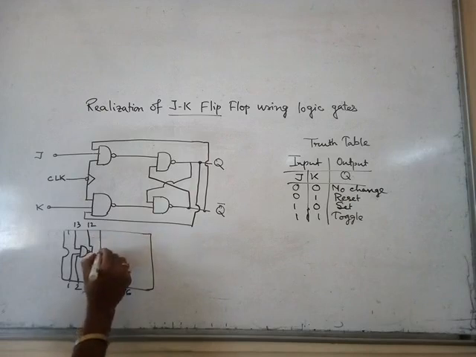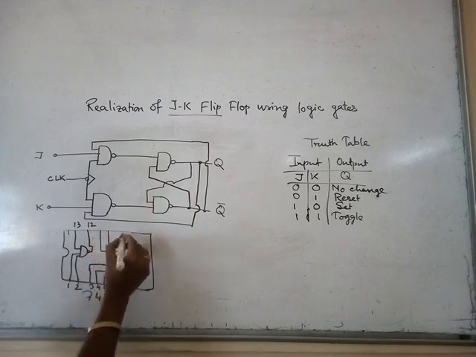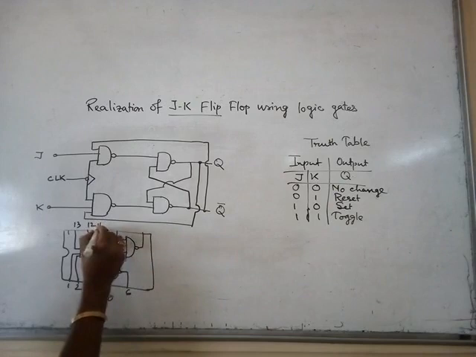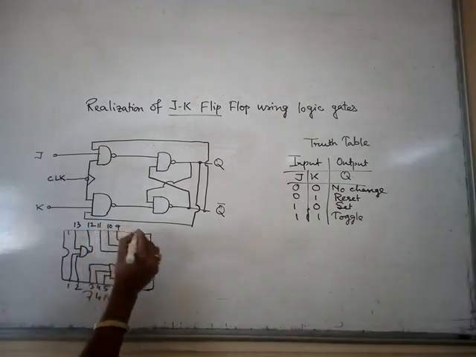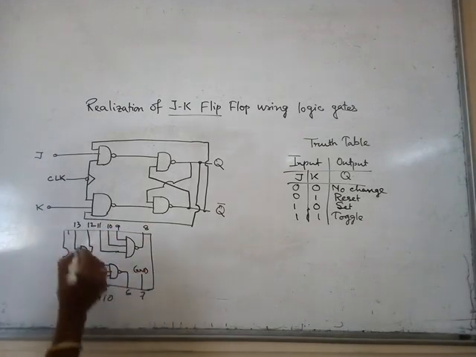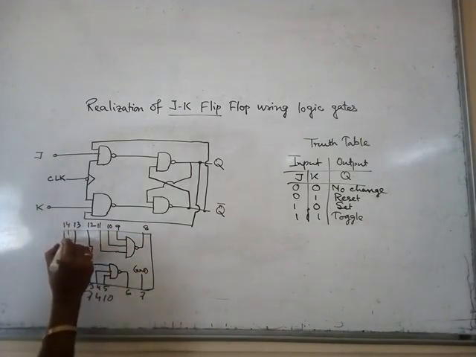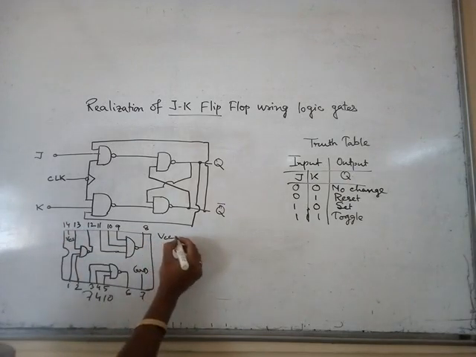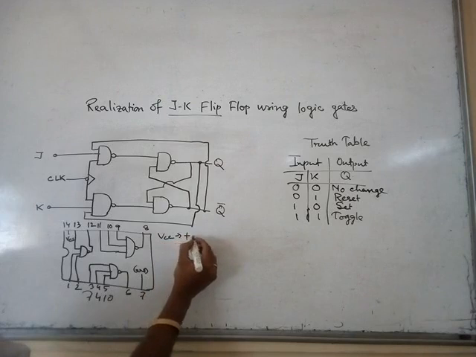For the next gate, 11, 10, 9 are inputs and 8 is the output. 7 is for ground and 14 is for VCC. VCC is plus 5 volt.